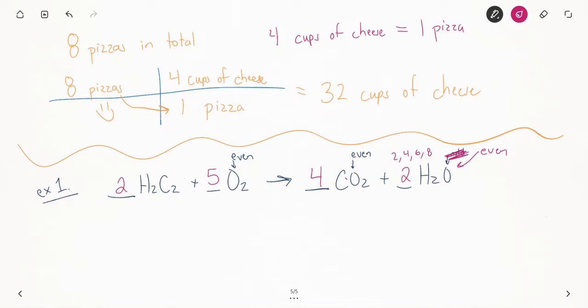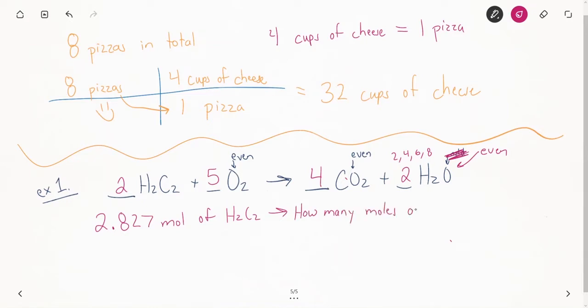What I can try to do here is something like this. If you had some quantity of the acetylene gas, so say that was 2.827 moles of H2C2, the question would be, how many moles of O2, which is just oxygen, are needed to react with all of that?